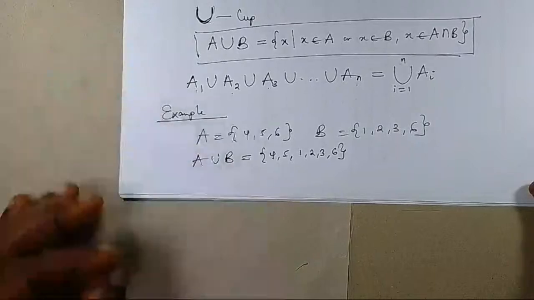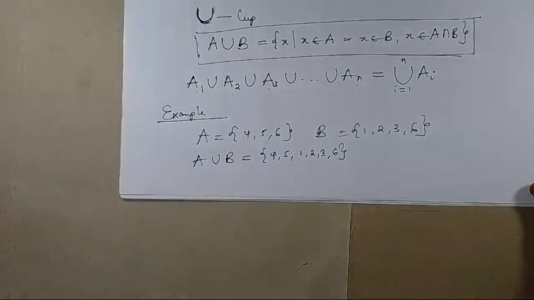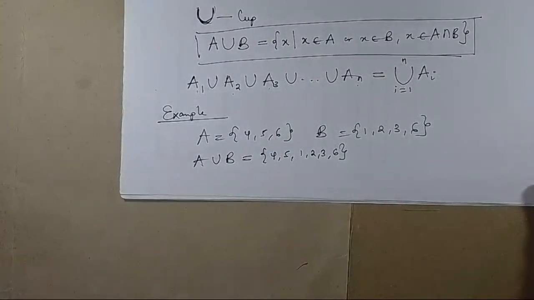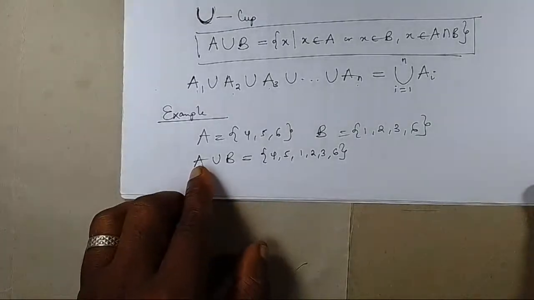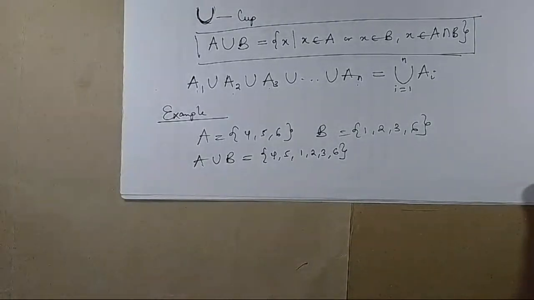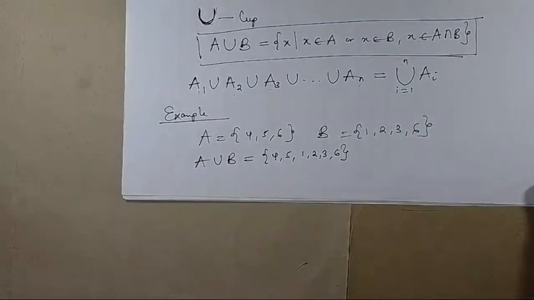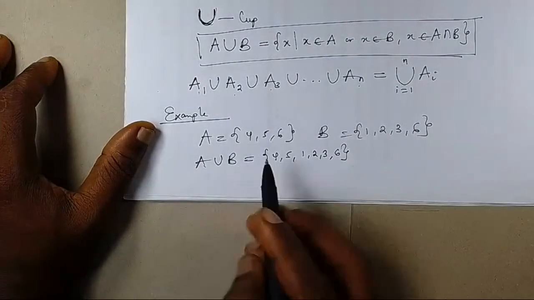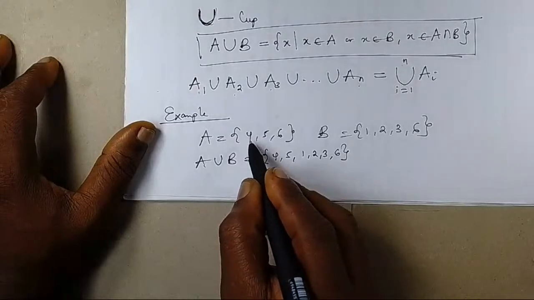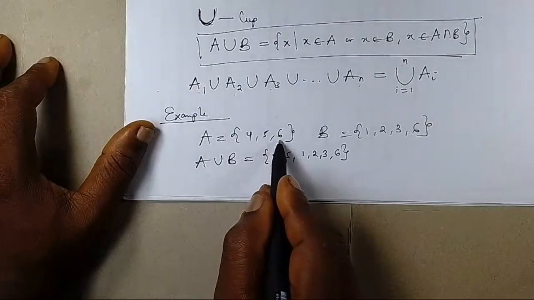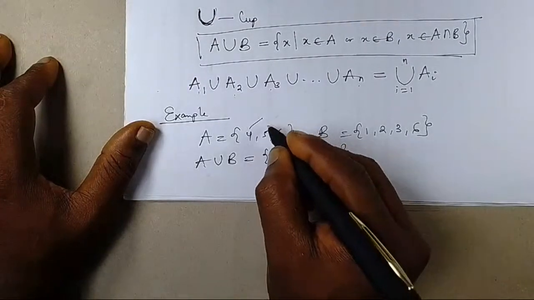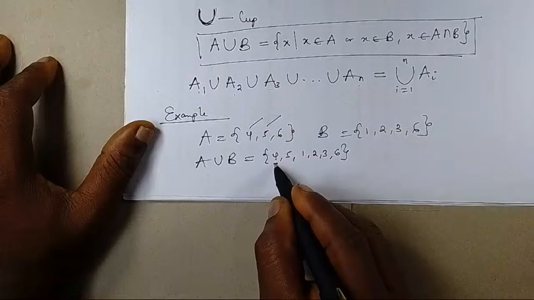So the union of the two sets is formed when you take elements that are found only in the first set, only in the second set, and in both of them. It is the set that contains elements found in either A or B or both of them. Now, what have I done? I started by taking the elements you find only in A. You will notice I did not pick 6, because 6 is found in B. I wrote 4 and 5 into my union.